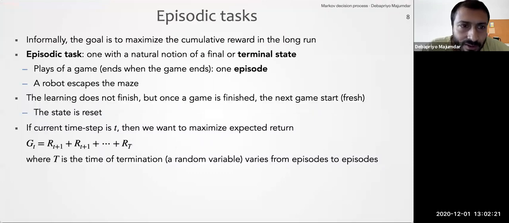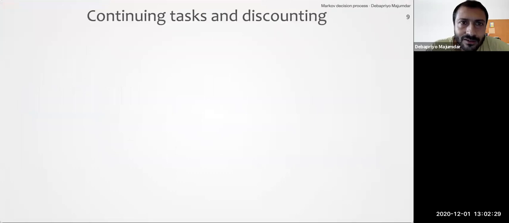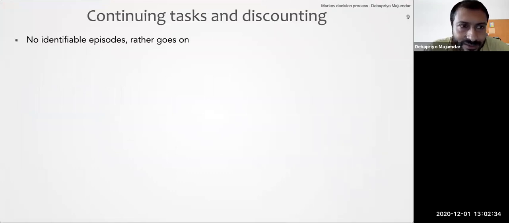All right. So these are episodic tasks, but there are situations where a task is not episodic. It's continuing. For continuing tasks, there is no identifiable episode. It kind of goes on. Things don't get reset.